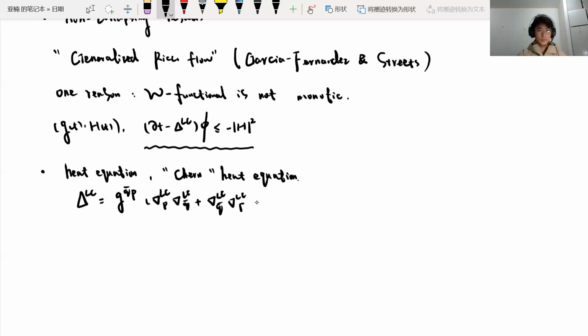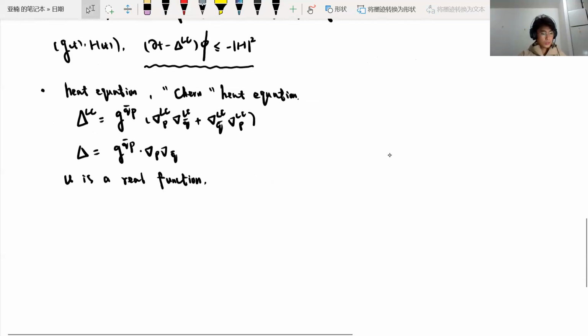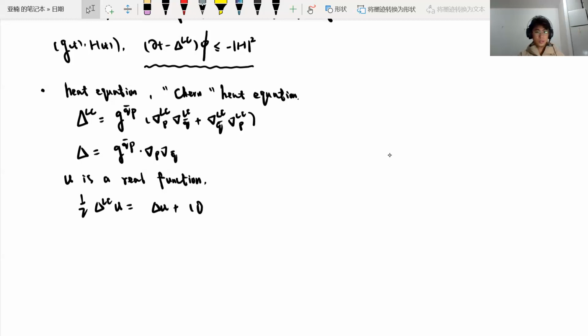If we assume u is a real function, then we have the relationship that the classical Laplacian is the Chern Laplacian plus theta, where theta is the Lee form.